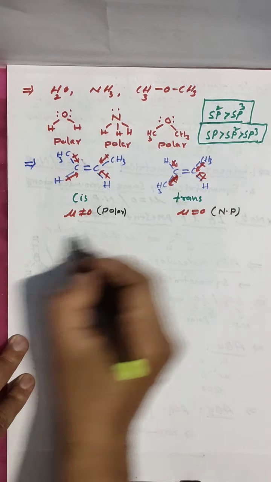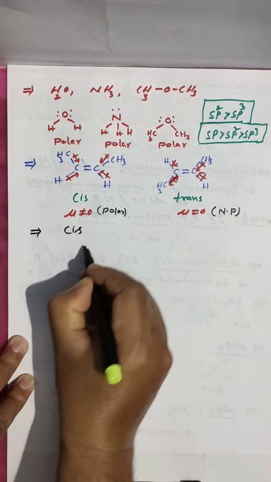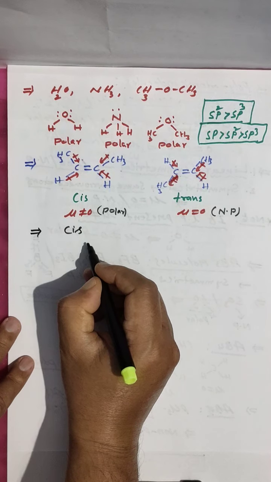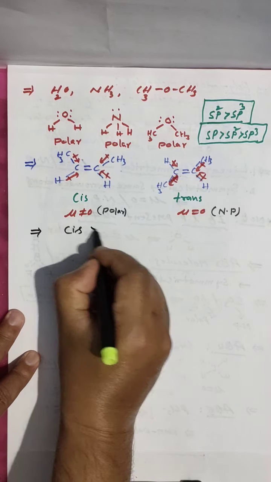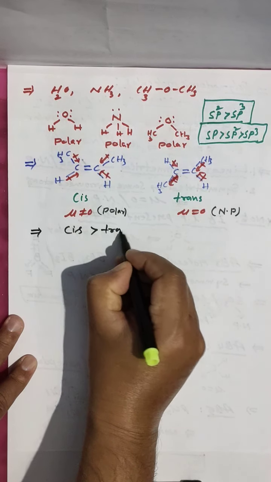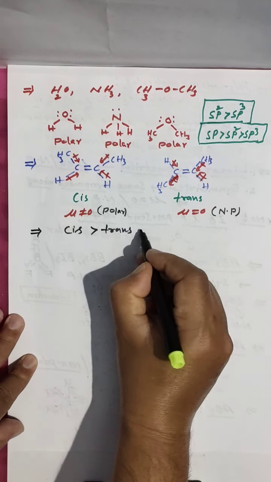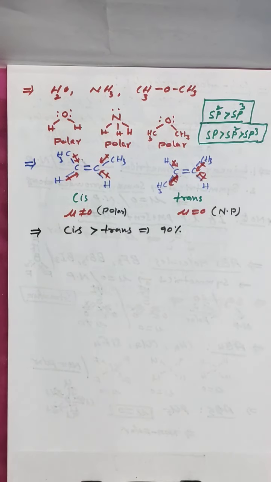Remember, generally, not in all cases, cis isomers generally have more dipole moment than trans. Not in all cases, about 90%. Exceptional cases are also there.